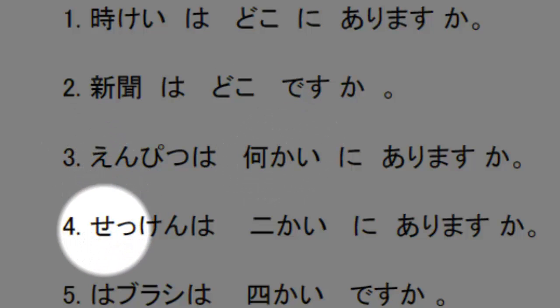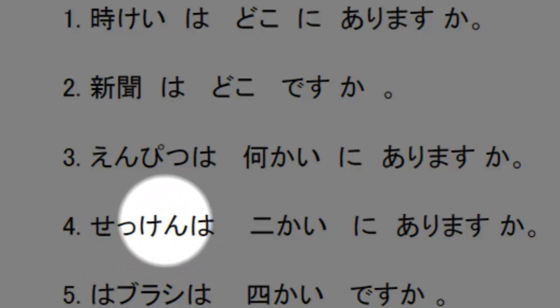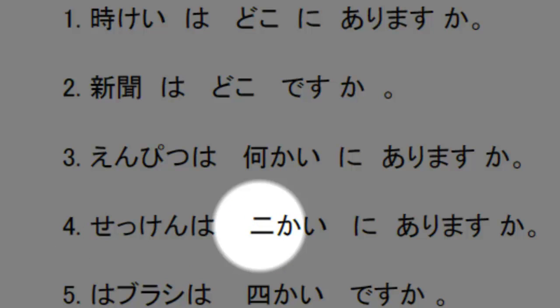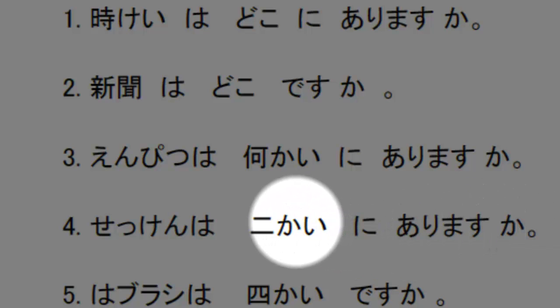In question number 4, sekken wa. Okay, that's asking about sekken, which is soap. And this time it's not what floor or where, it's nikai ni arimasu ka? So is it on the second floor?